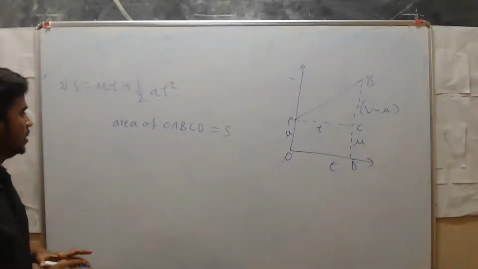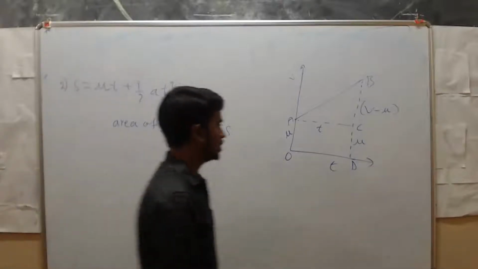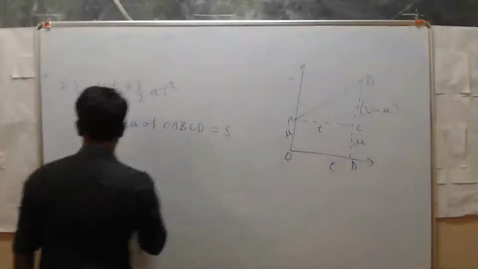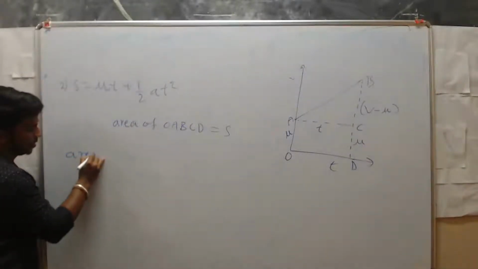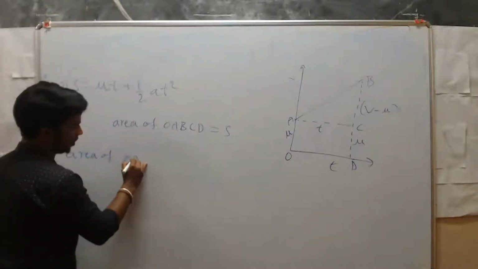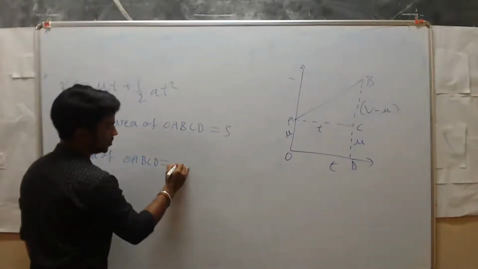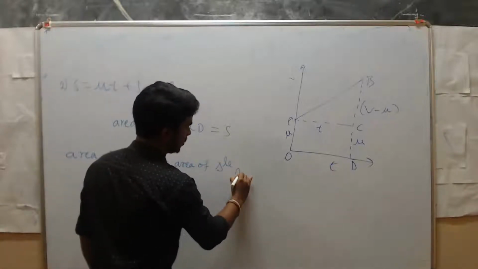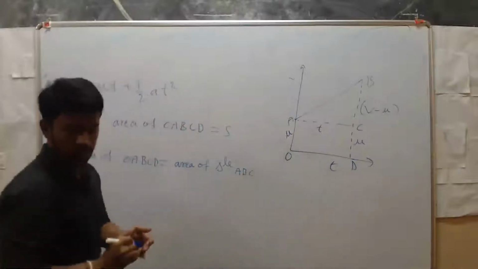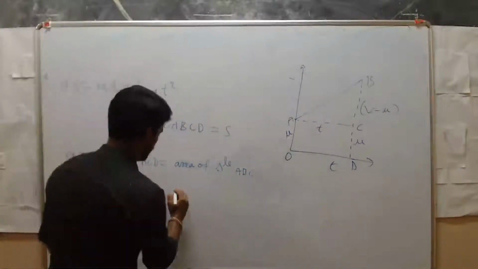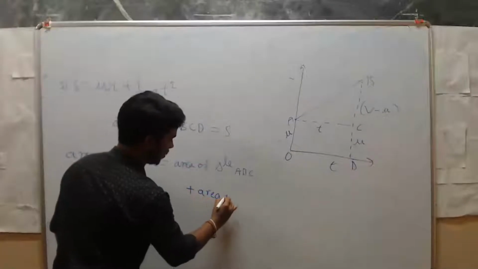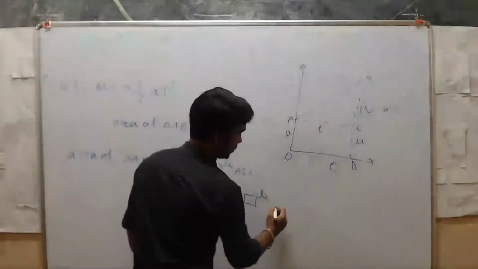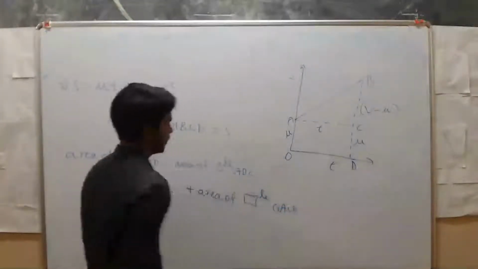And see here, this area of OABCD equals what? Area of triangle plus area of rectangle. So the area of OABCD equals the area of triangle ABC plus the area of rectangle OACD.